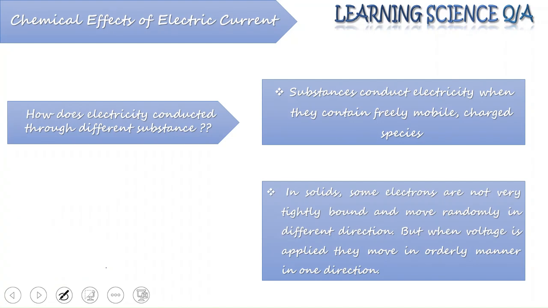Now, their random movement works when they are under no electric pressure. That means when a voltage is applied, they will move in an orderly manner only in one direction.